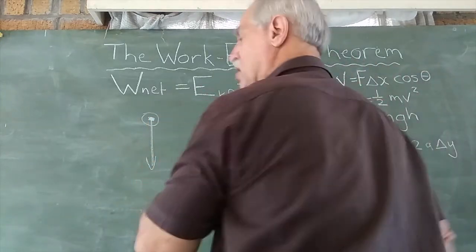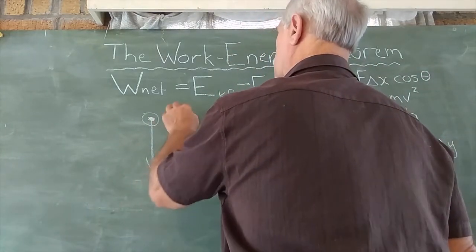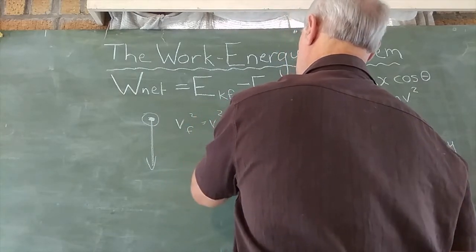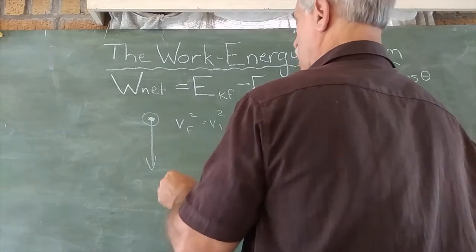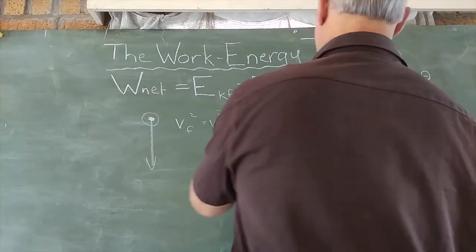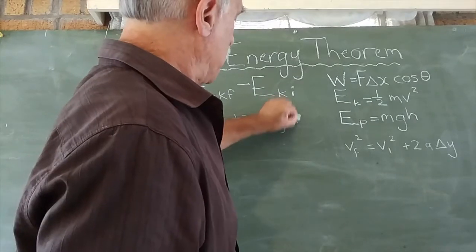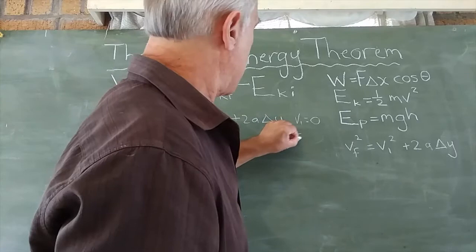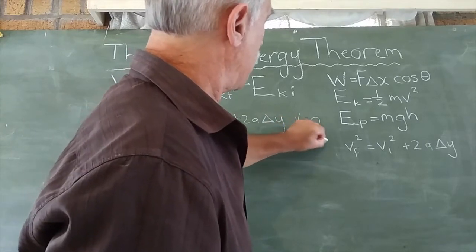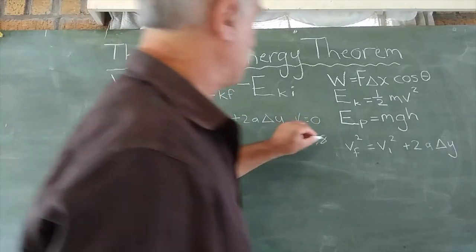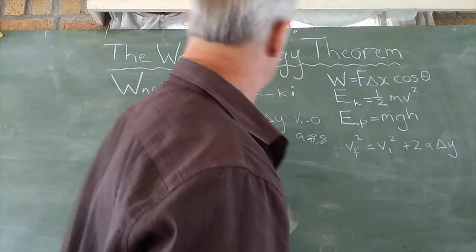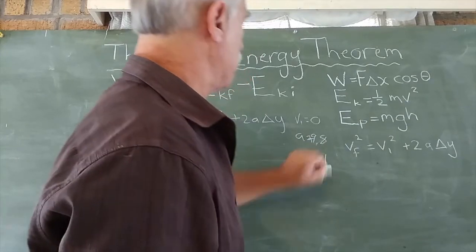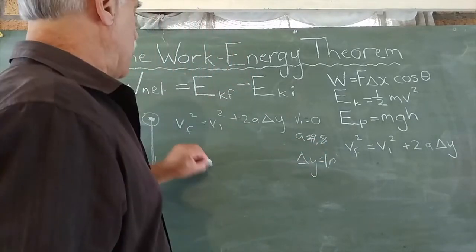So here's our V final squared equals V initial squared plus 2a delta y, where V initial equals 0, a equals 9,8, let's have everything positive down, so positive 9,8, and delta y is going to be 1 meter.